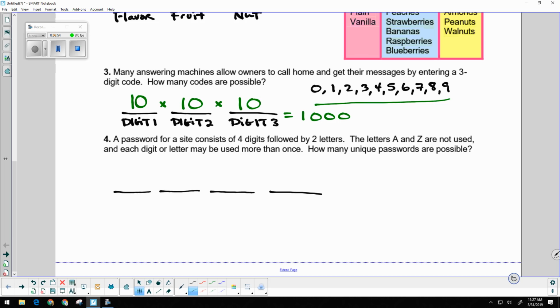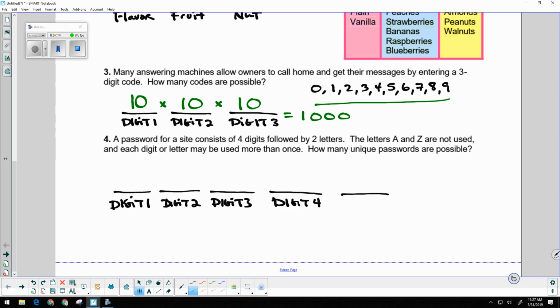The first 4 are the digits. So digit 1, digit 2, digit 3, digit 4. Now, that's followed by 2 letters.